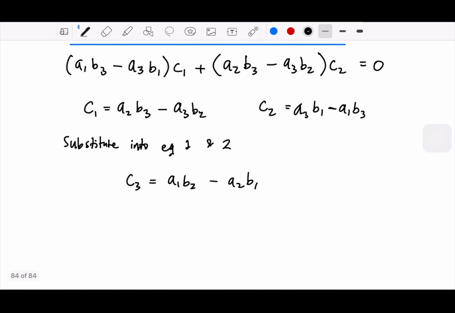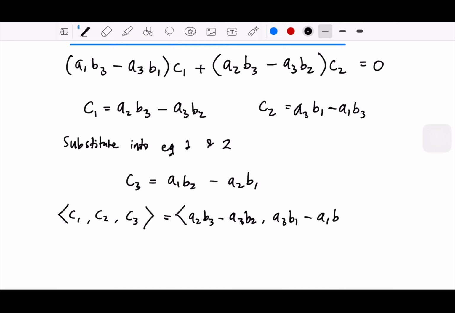So the solutions for C1, C2, and C3 as a vector, we can write as A2 B3 minus A3 B2, and then A3 B1 minus A1 B3, and then A1 B2 minus A2 B1.